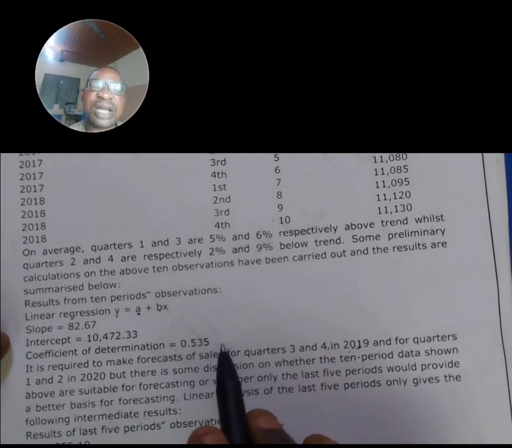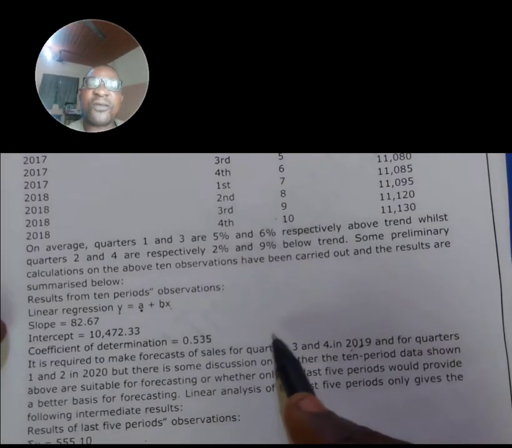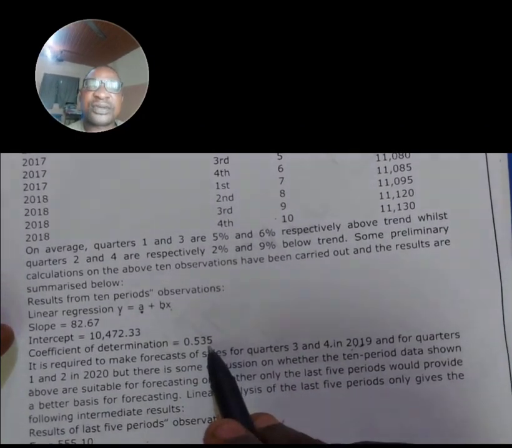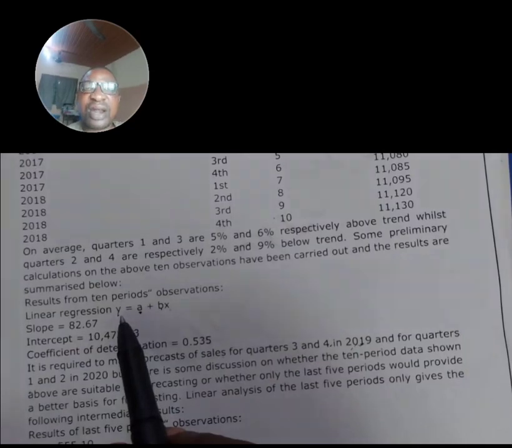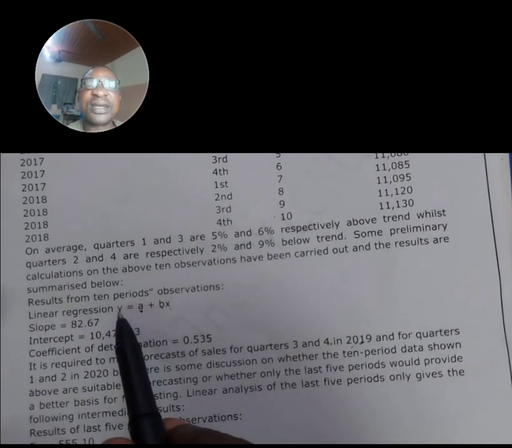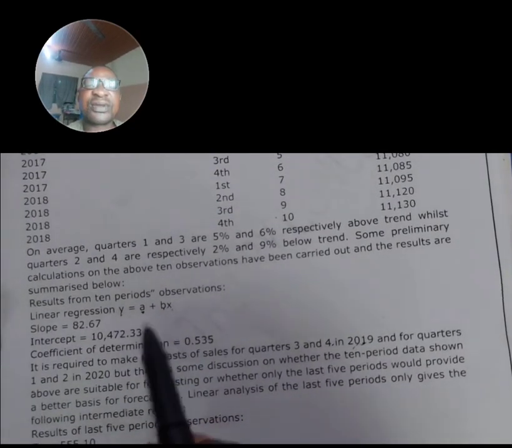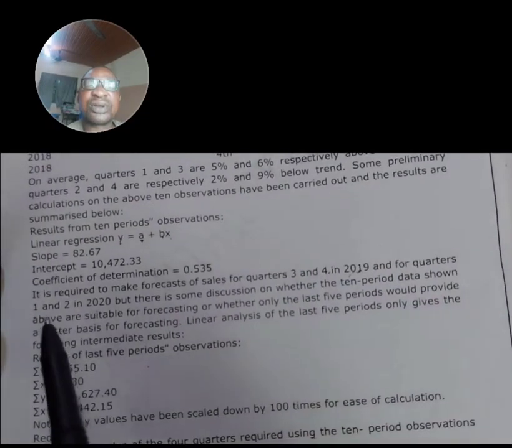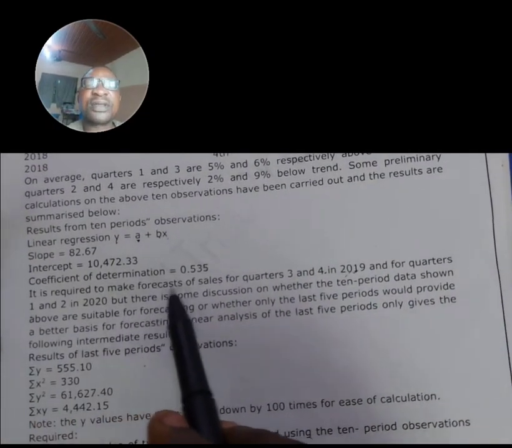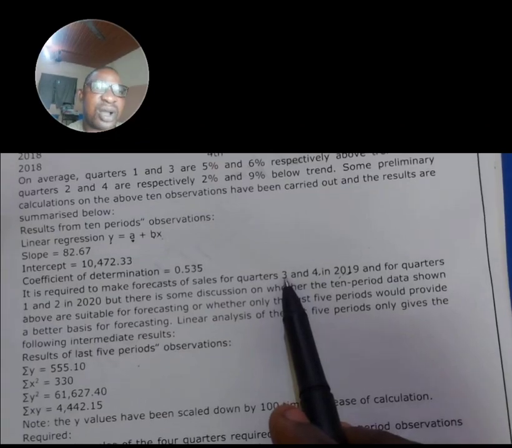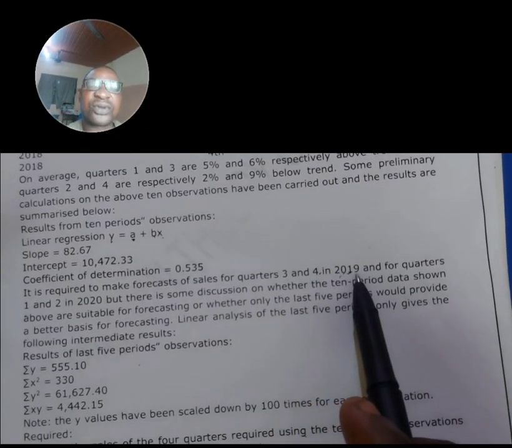The coefficient of determination, that's the square of the correlation, is also given. We now use this equation to find our forecast for quarter 3 and 4 of 2019.